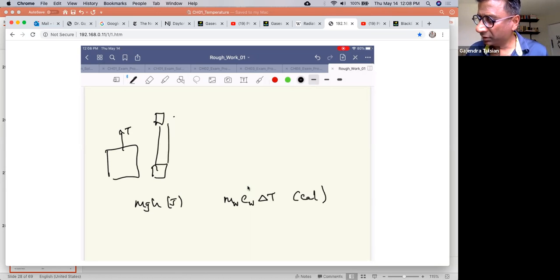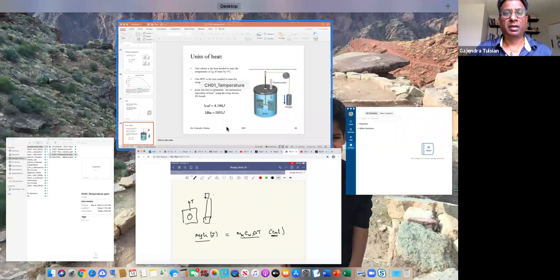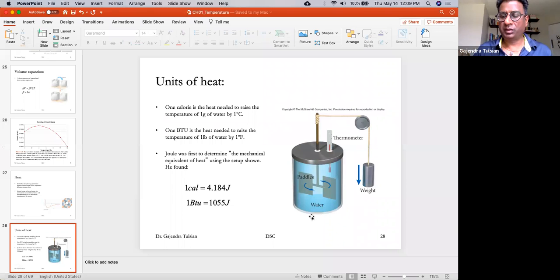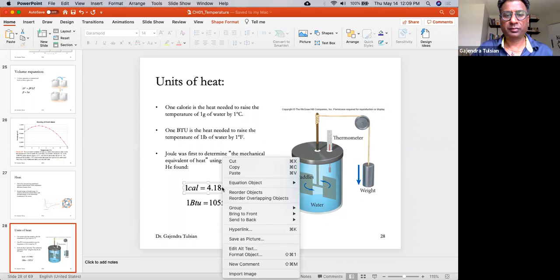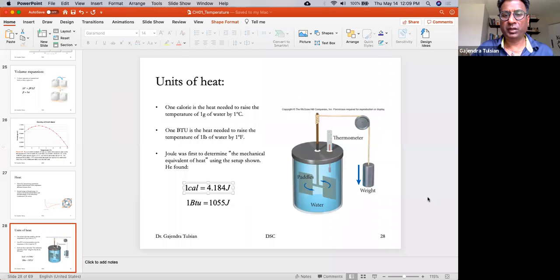And this energy loss was converted to heat, and so this is equal to that. So this many joules is equal to that many calories. Okay? And that's how Mr. Joule found the conversion. Okay? And 1 calorie is 4.186 joules. Okay, anyway, it's 4.186 joules.